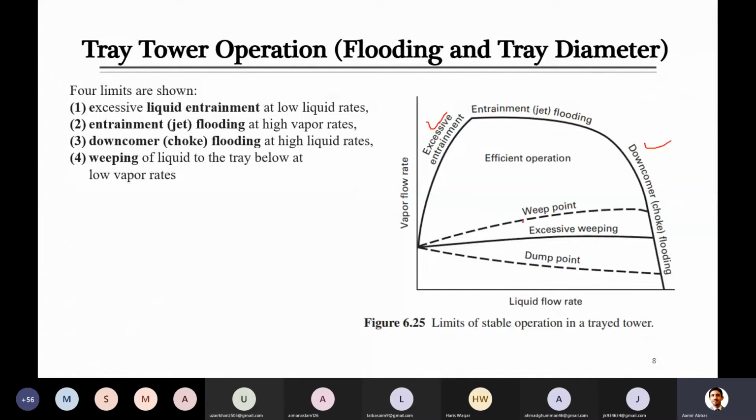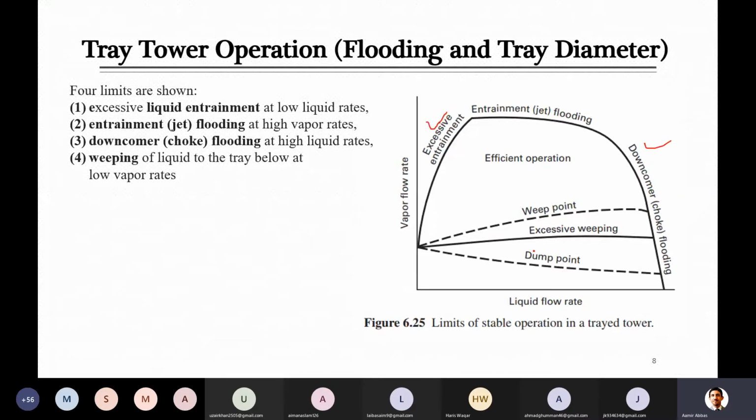So instead of going through the downcomer, some amount will start moving to the plate below through the vapor flow area, that is, perforations, valves, or bubble caps. That can lead to more excessive weeping if the vapor flow rate keeps on decreasing. So finally you will reach some point which is called the dump point.